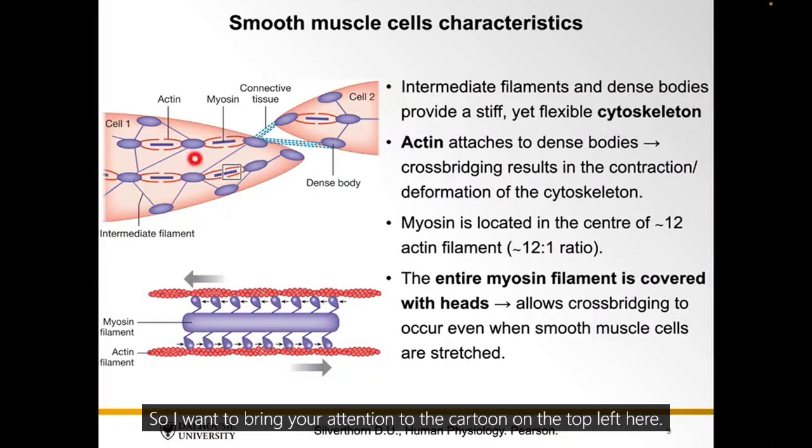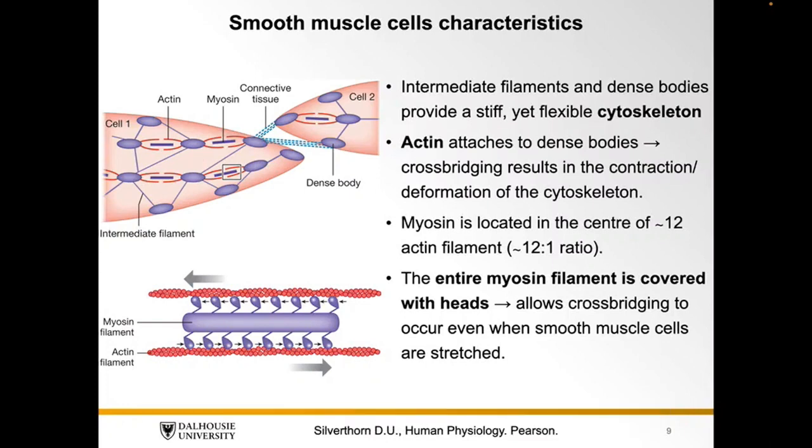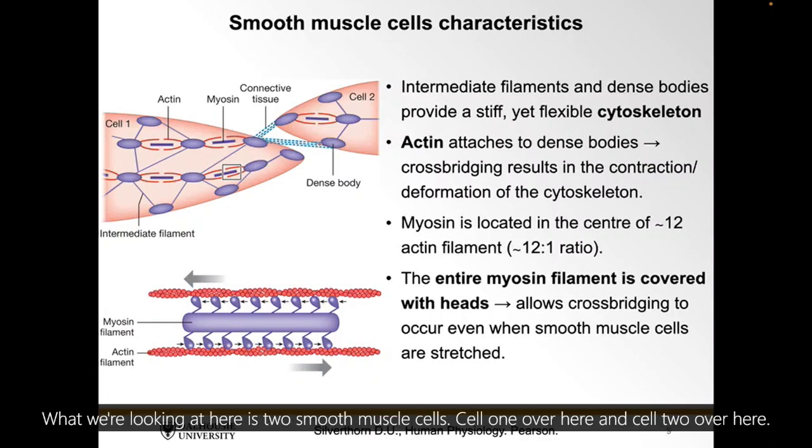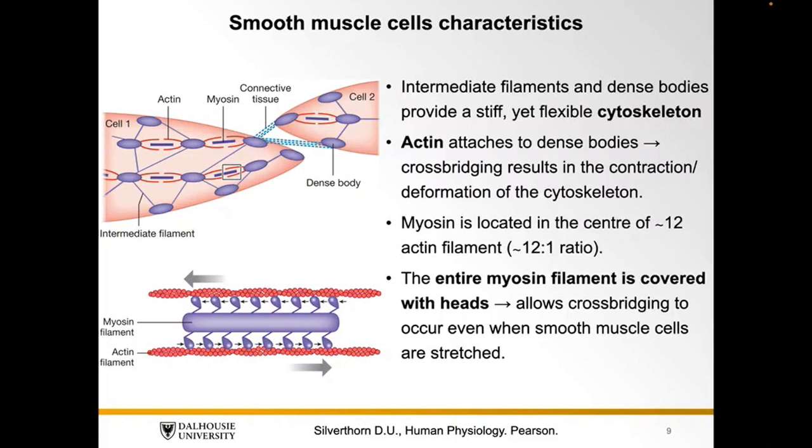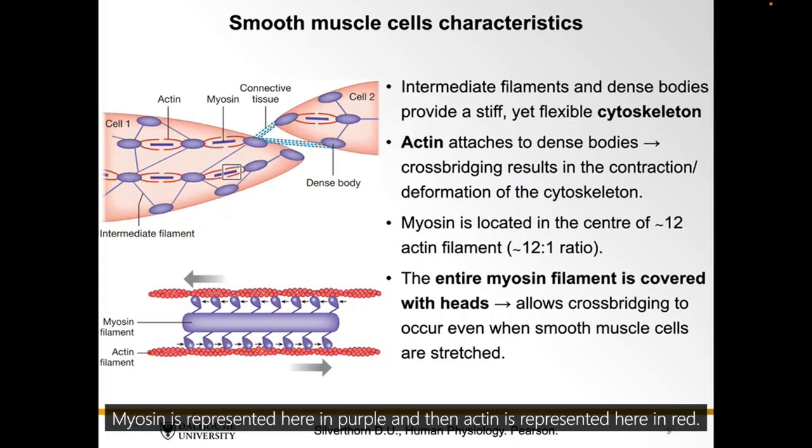So I want to bring your attention to the cartoon on the top left here. What we're looking at here is 2 smooth muscle cells, cell 1 over here and cell 2 over here. And you see a number of structures here. First, there are structures that we already know. Myosin is represented here in purple, and actin is represented here in red.